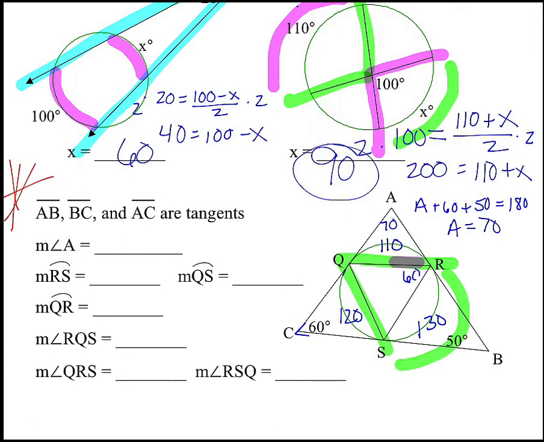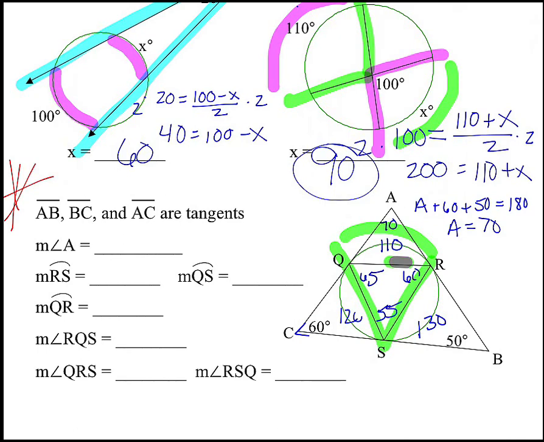So angle Q has to be half of 130, which is 65. And then last but not least, if I trace out angle S, we will see that angle S is cutting off the 110-degree arc. So angle S has to equal half of the 110, or 55 degrees.